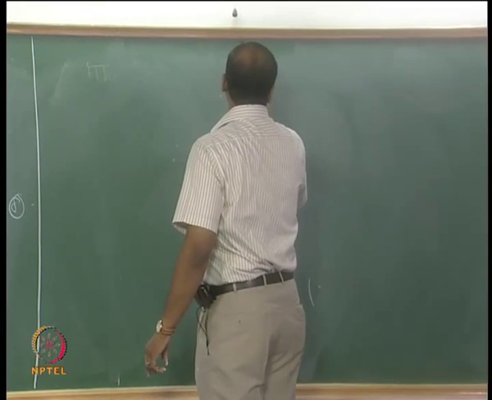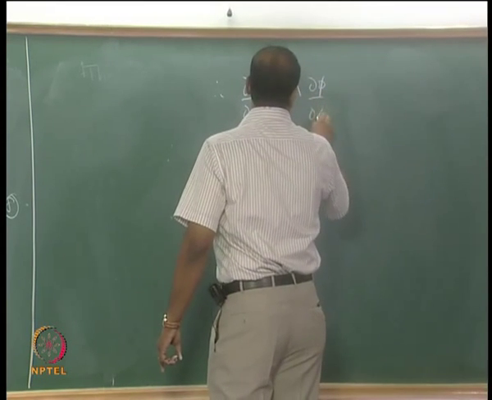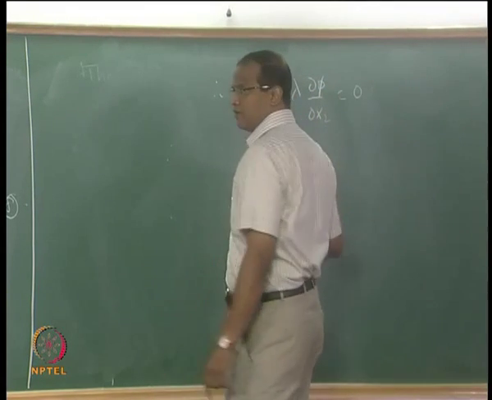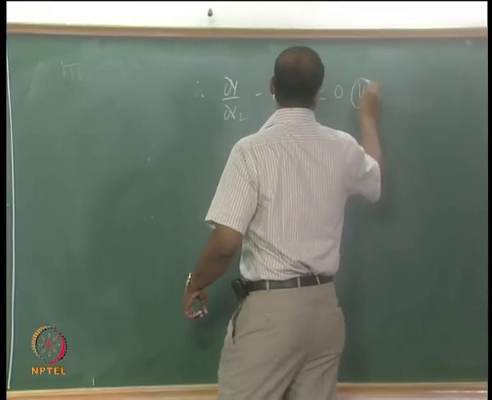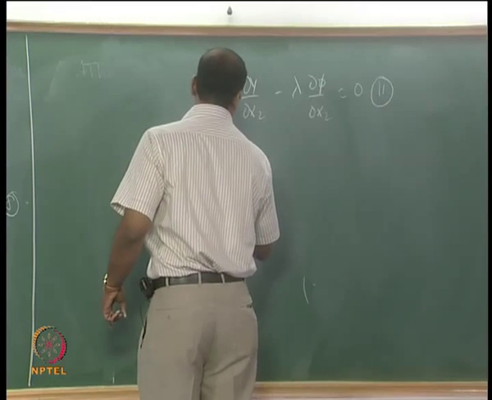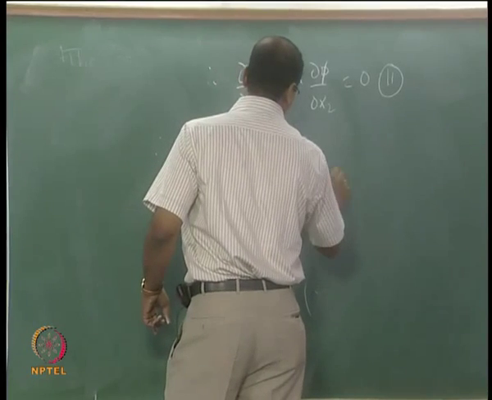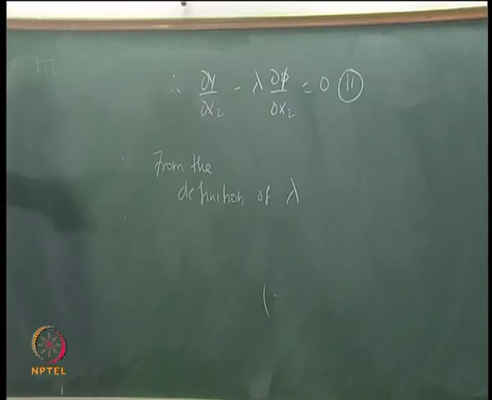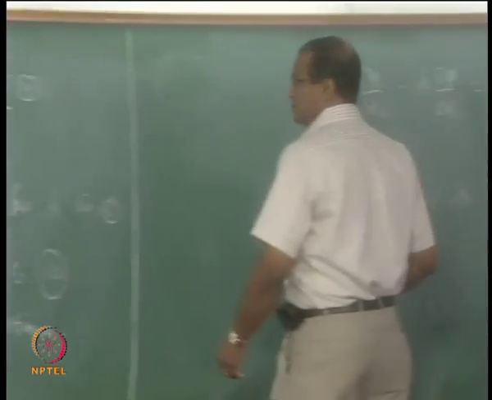Therefore, from the definition of lambda, dy by dx1 minus lambda dou phi by dou x1 equal to 0, right.